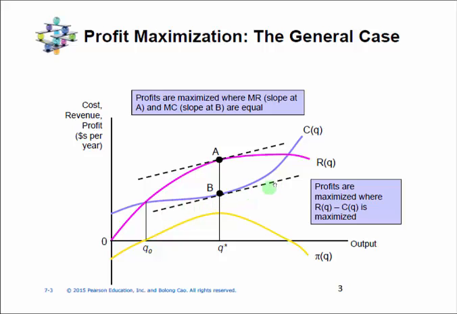I have these two tangents at point A for the revenue curve, and at point B for the cost curve. Their slopes are the marginal revenue at point A and the marginal cost at point B. And I show that at Q star, these two tangents have the same slope. They are parallel. So you have marginal revenue equal to marginal cost. That makes the marginal profit 0.